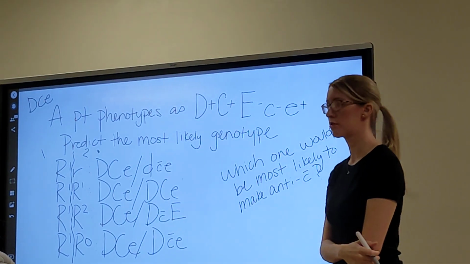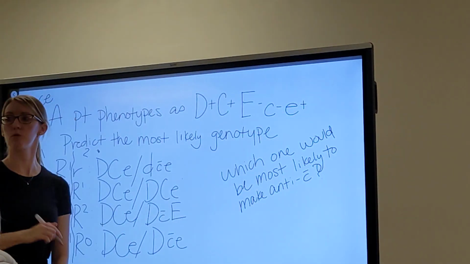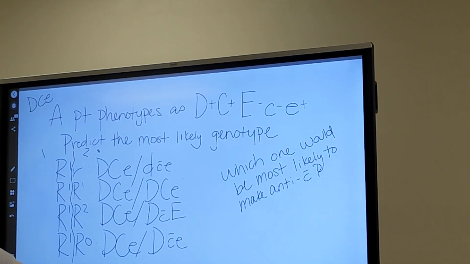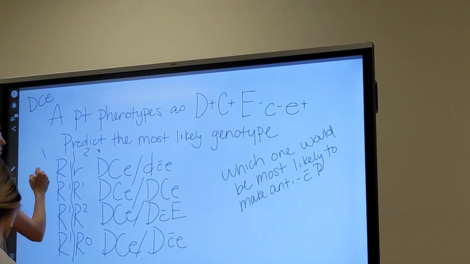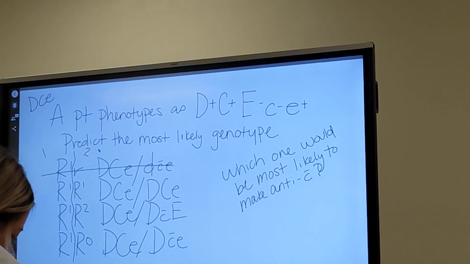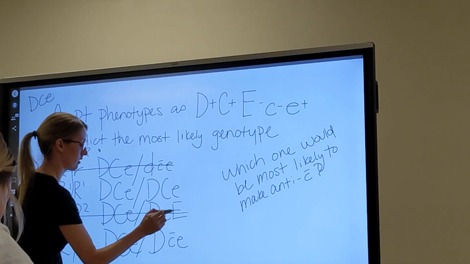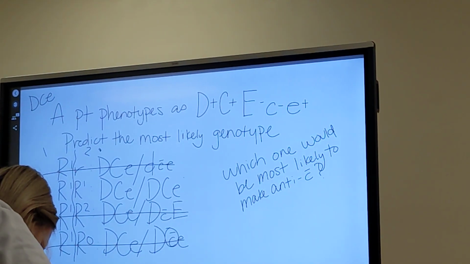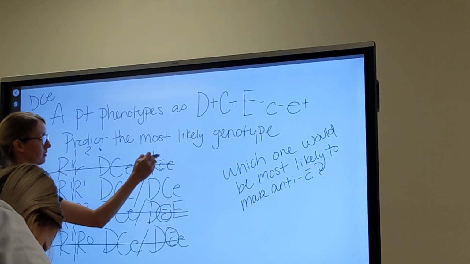If they have a little c, you know they're not going to make one, right? So you would just use the process of elimination. This one has a little c, as long as they have one, they're not going to make it. So it's not them. This one does not have a little c. This one does, right here. And this one does, right here. So they're not going to make one.